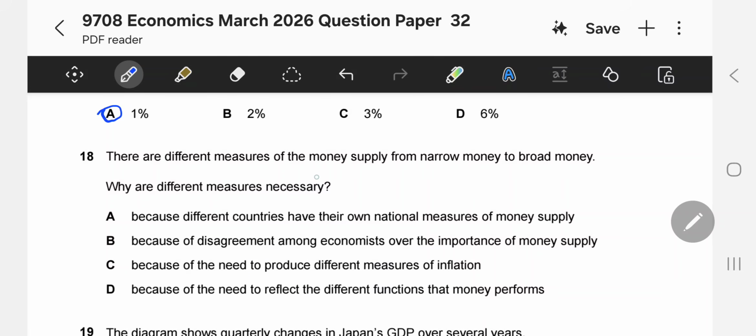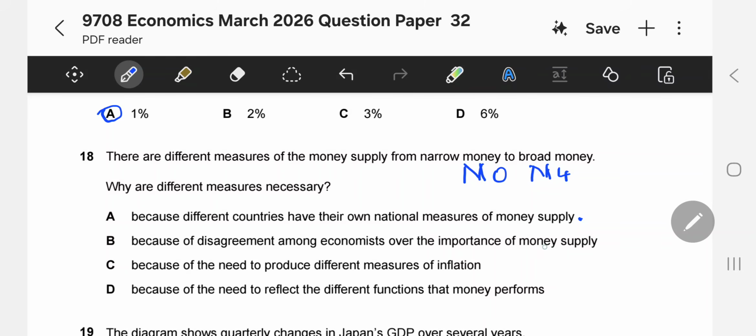There are different measures of money supply, from narrow money to broad money. So remember M0 to M4 from your economics. Why are different measures necessary? Because different countries have their national measures of money supply? I don't think so. Because of disagreement among economists over the importance of money supply?